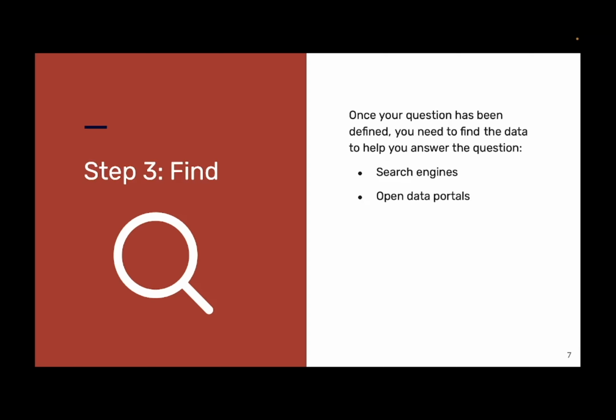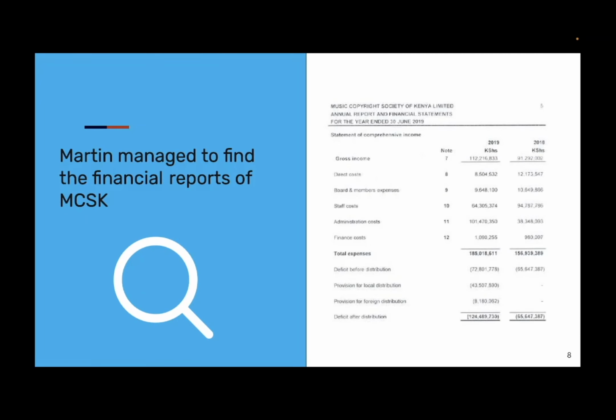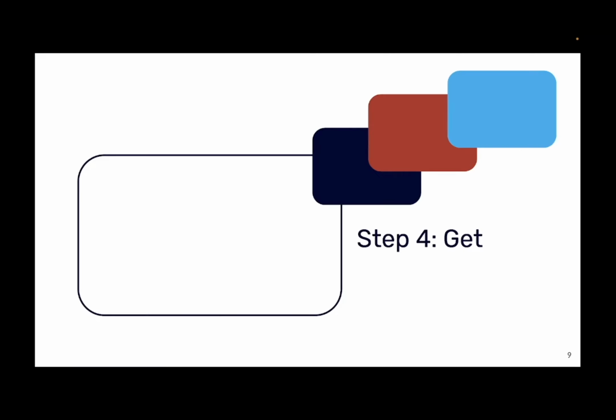Use search engines, open data portals, surveys, interviews, government bodies, and local and international NGOs. As we can see on the screen, Martin managed to find the financial reports of the Music Copyright Society of Kenya. Step 4, get. Moving the data from wherever you find it to a copy that you can start exploring.